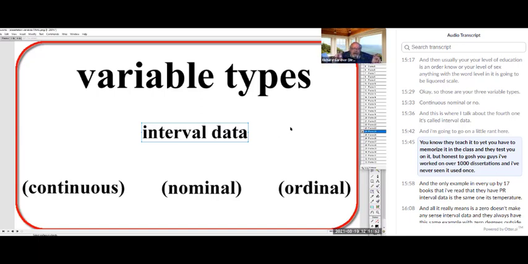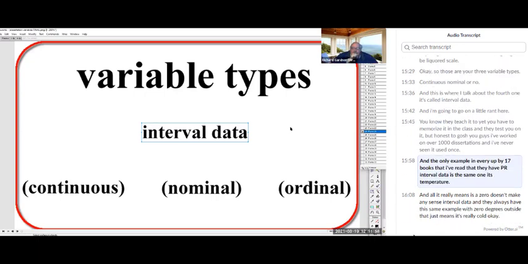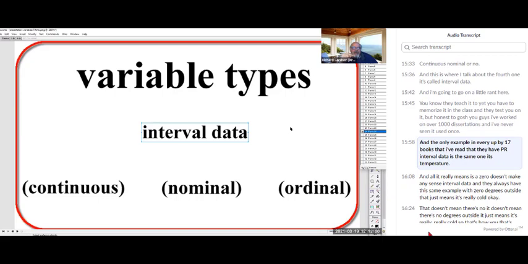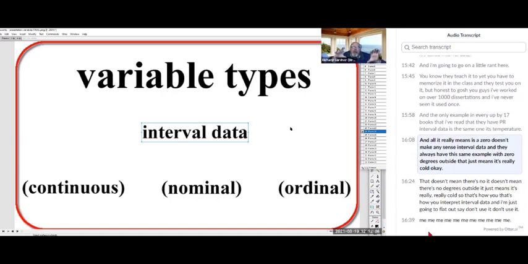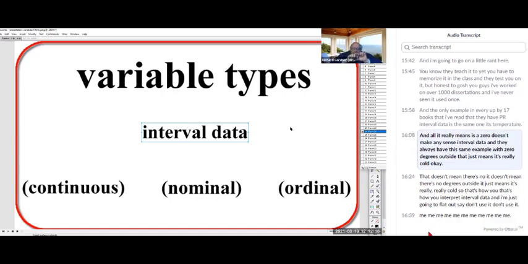But honest to gosh, you guys, I've worked on over 1,000 dissertations, and I've never seen it used once. And the only example in every one of the 17 books that I've read for interval data is the same one. It's temperature. All it really means is a 0 doesn't make any sense in interval data.